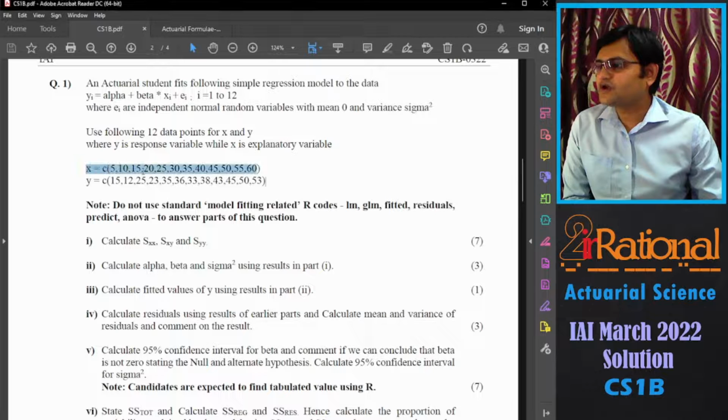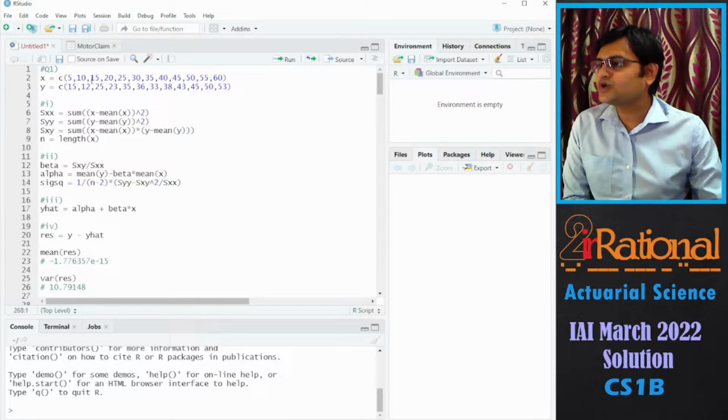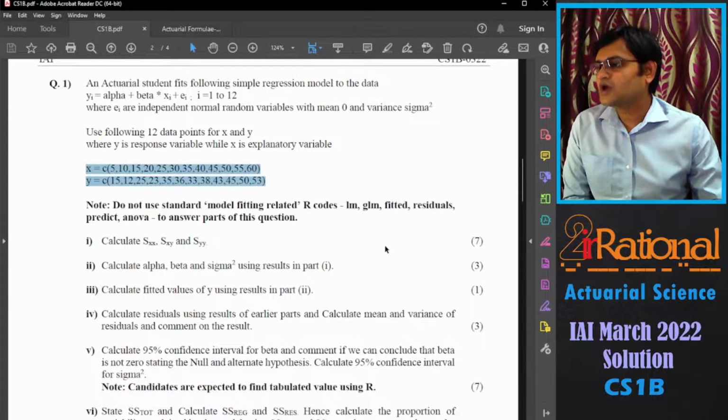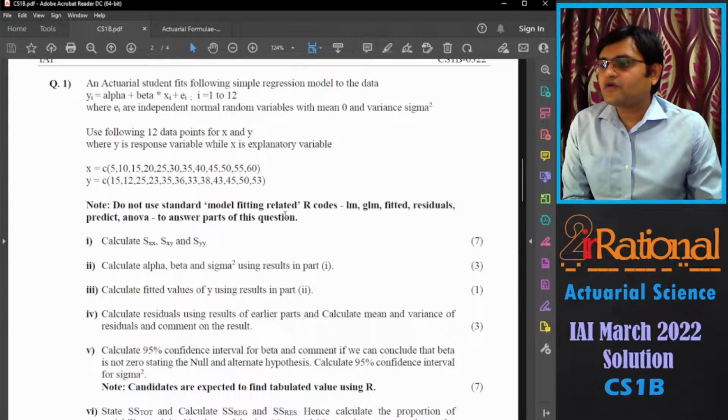So first thing we'll do is copy and paste the code in RStudio. I've already done that. Then let's see what they are asking us. Do not use the standard model fitting related R codes lm, glm, fitted, residual, predict, anova to answer parts of this question.